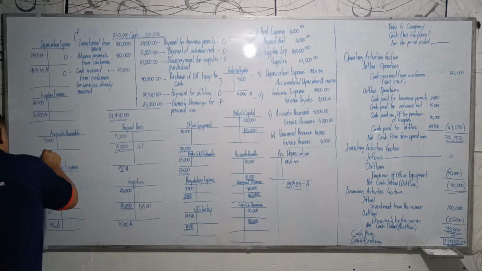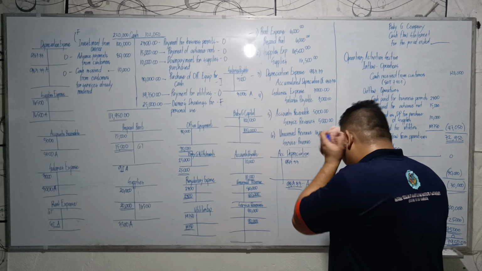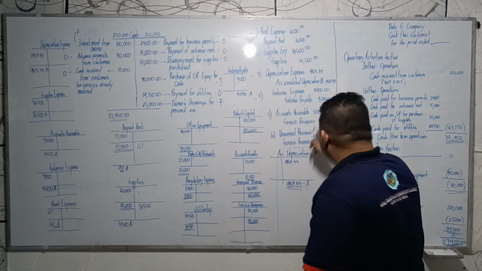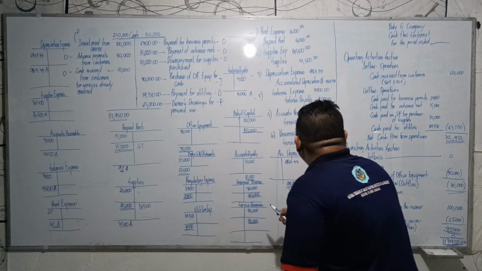So this is the adjusted balance. And the counterpart is on the service revenues. So we have 40,000. So we have to add another 5,000. And we have 45,000 as the adjusted balance.